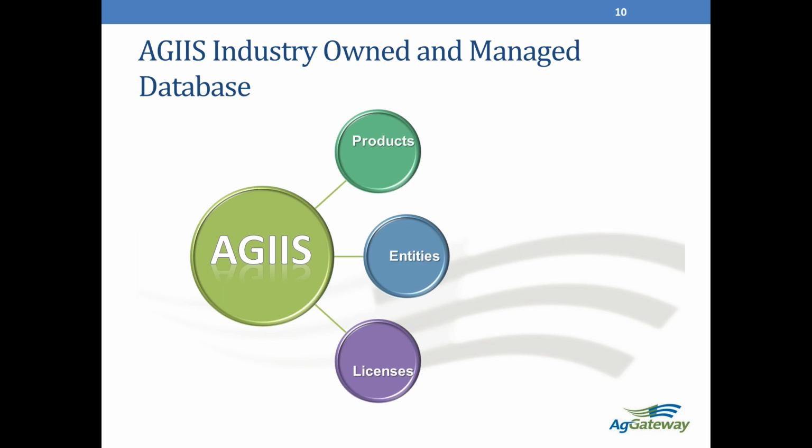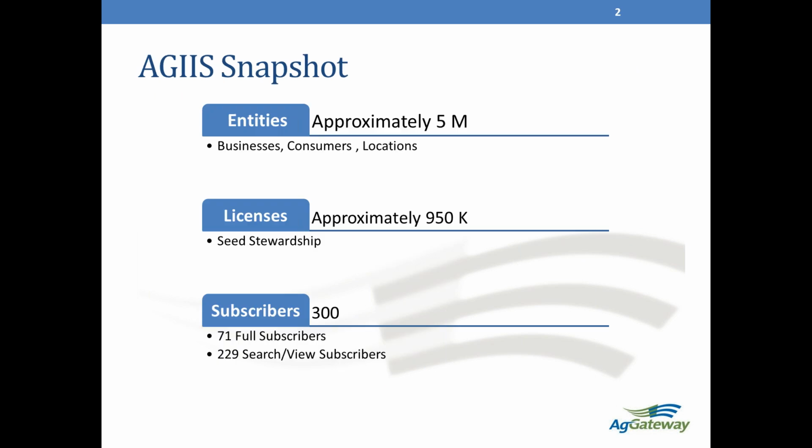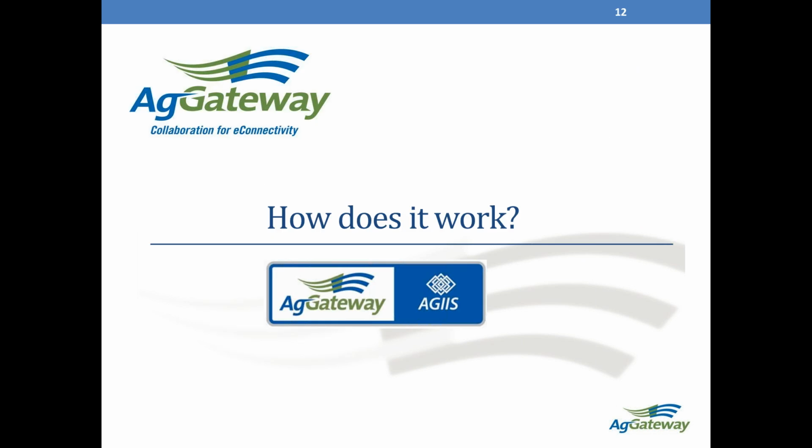So an example of this would be if there is a location out there whose address has been updated, the subscriber community will submit that in, and other companies that are utilizing that same entity will receive the update. That is the thought behind an industry-owned and managed database. We also have a component of AGIIS that has seed stewardship licenses in there for biotechnology traits.